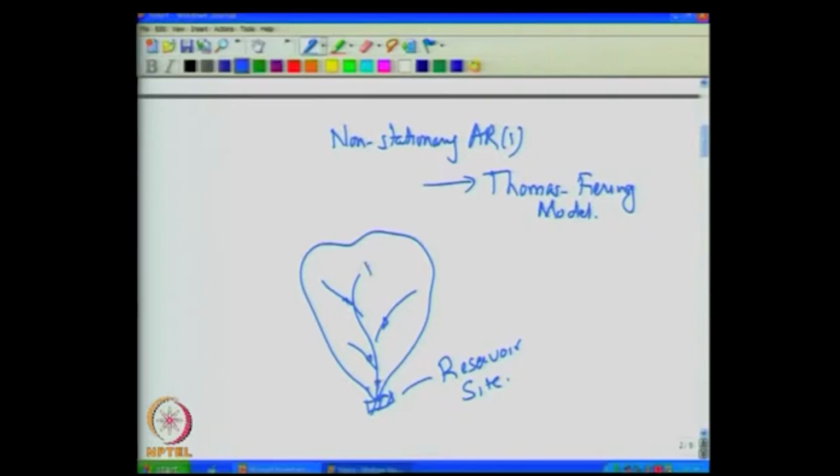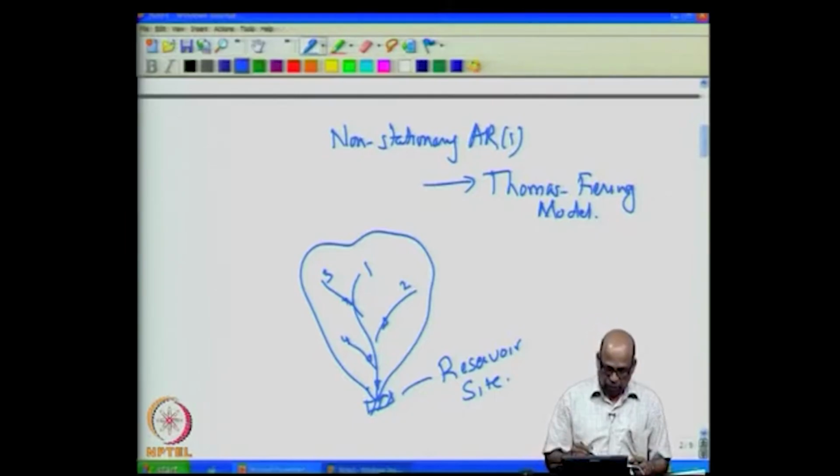So, you have 4 stream flows, 1, 2, 3, 4, and the actual flow at this location is the sum of 1, 2, 3 and 4, and you want to generate the data for making decisions on the reservoir capacity here, which means that you would like to generate data on 1, 2, 3 and 4 together.